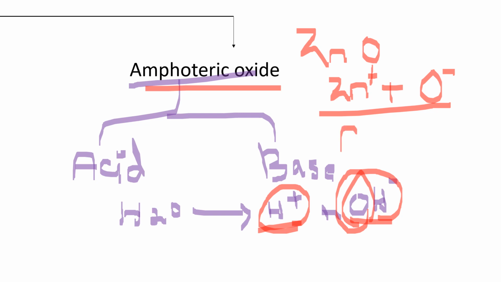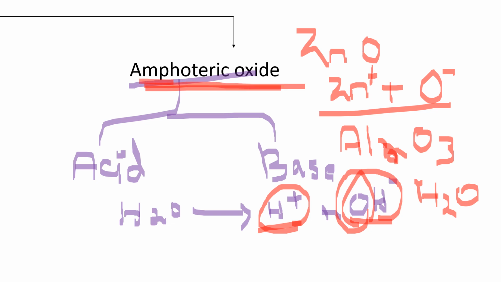Apart from that, its examples can be Al2O3 as well as H2O, of course. These are the examples. They have both of the characters, acidic and basic. That's why they are called amphoteric. Now amphoteric compounds are usually used to identify whether the compound is acidic or basic.